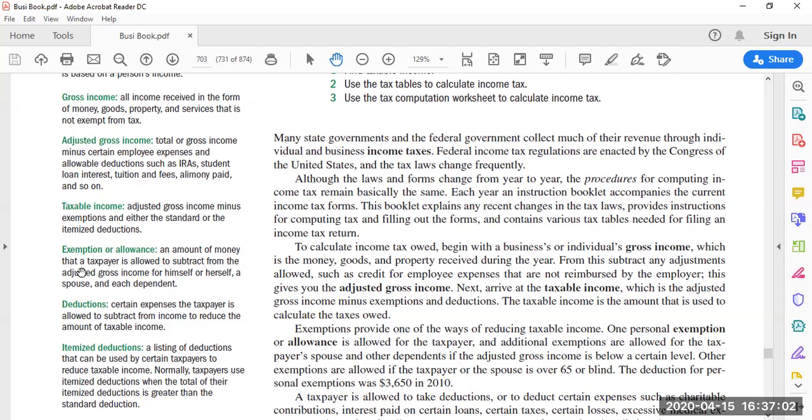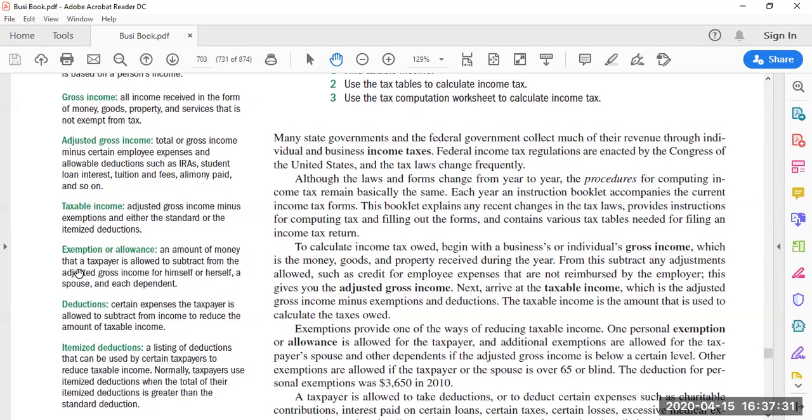A dependent would be considered any person that you, the taxpayer, have provided 51 percent or more of their care, and they are not being claimed as an exemption of any other person. So to qualify for an exemption, you must be providing the primary support for that person.